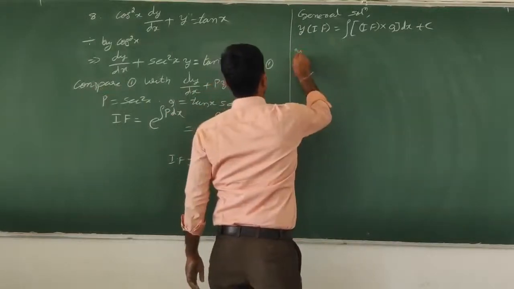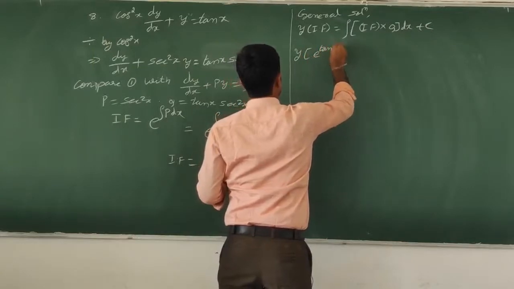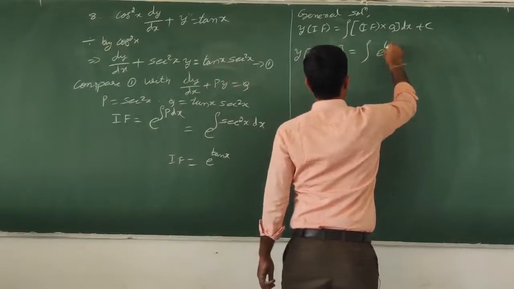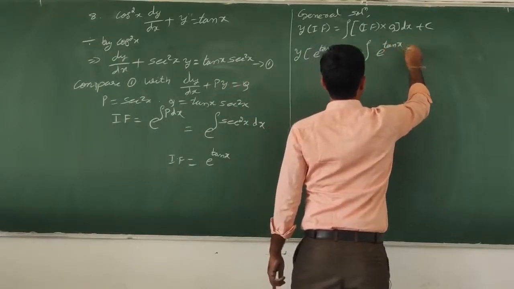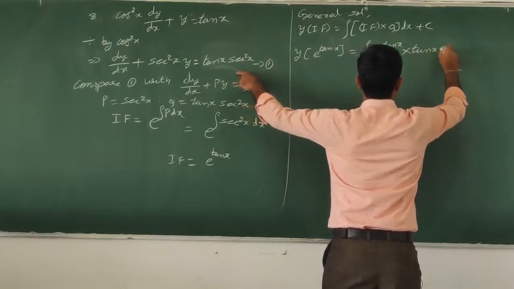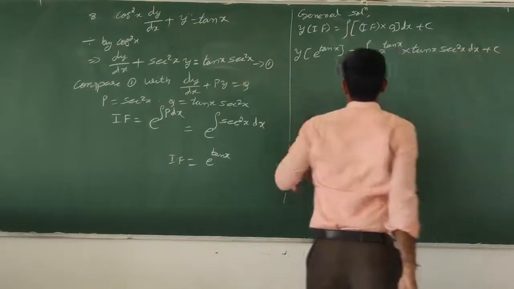So y into integration factor, e to the power tan x, is equal to integration of e power tan x into q, that is secant square x, into dx plus c.